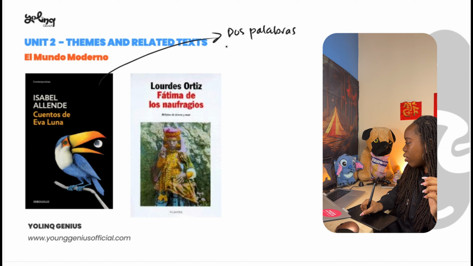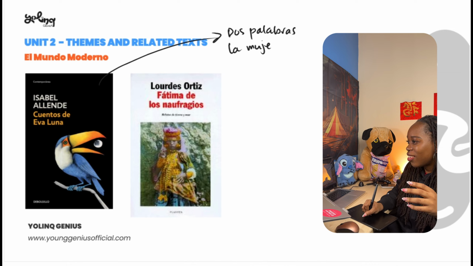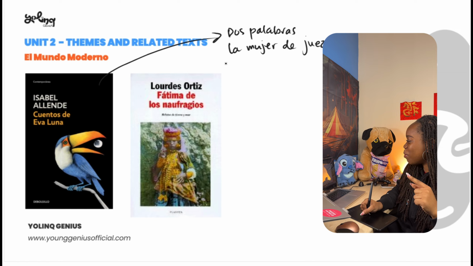Also La Mujer del Juez, the judge's woman. I remember this story. I feel like this was the one where the woman was in the road naked. I swear it gets crazy in some of these books. Then Un Camino hacia el Norte.